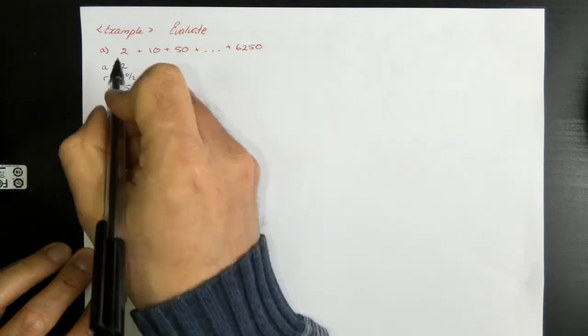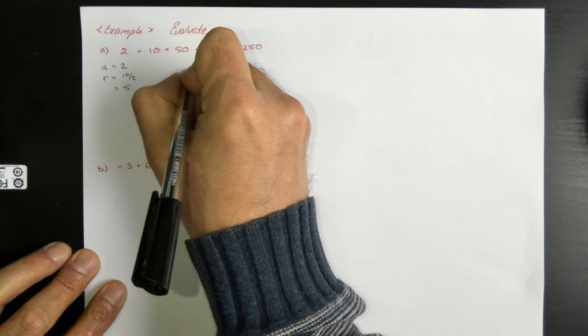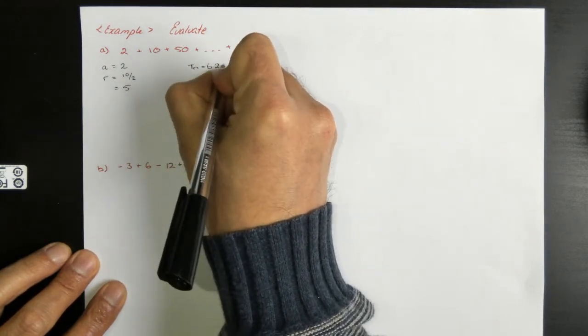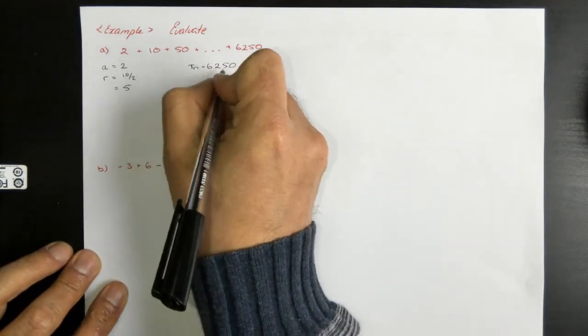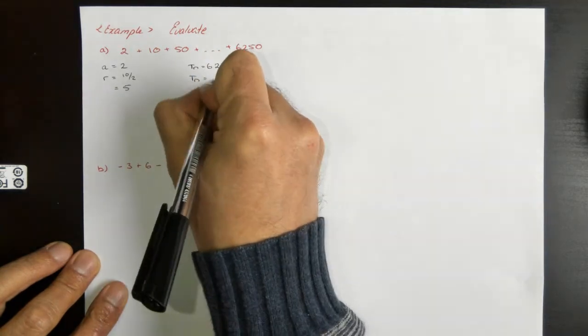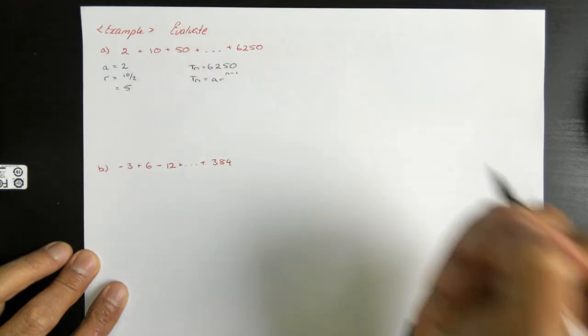We don't know what our nth term is. We know that Tn is equal to 6,250, so we really want to find out what that n is. And we remember that Tn is a r to the n minus 1.